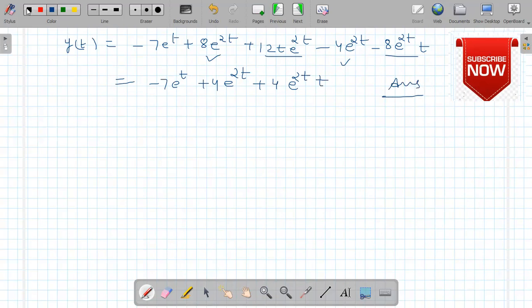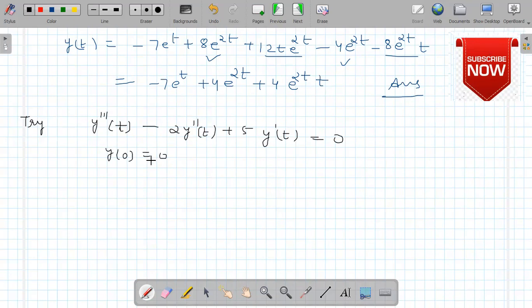Okay, you can try this question for your practice. Solve y triple dash t minus 2y double dash t plus 5y dash t is equal to 0, and the conditions are y(0) is 0, y dash(0) is 1, and y(pi by 8) is 1.